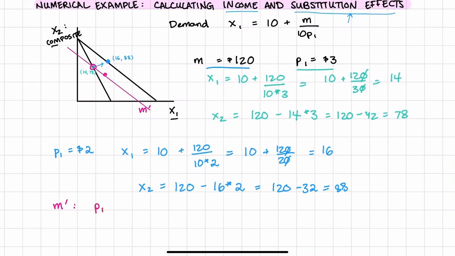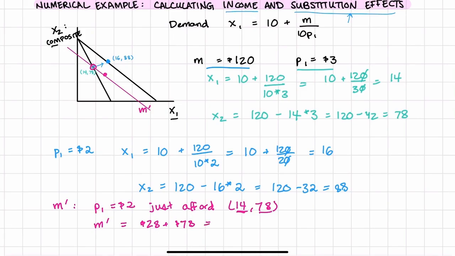Our P1 will be $2, and we want to just be able to afford that original bundle of 14, 78. So our new income, M prime, says we can just afford getting 14 units of good one, which will cost 28, plus 78 units of good two, which costs $78, because good two is just money.